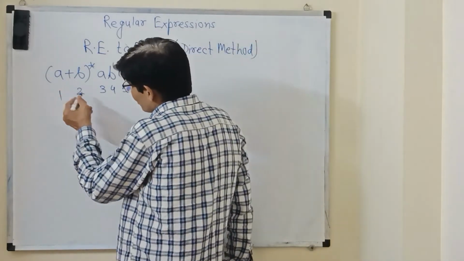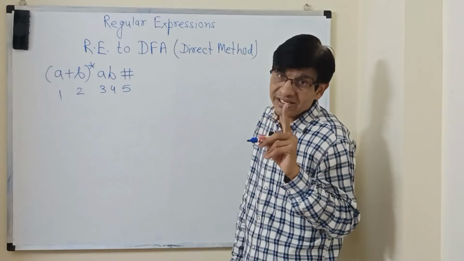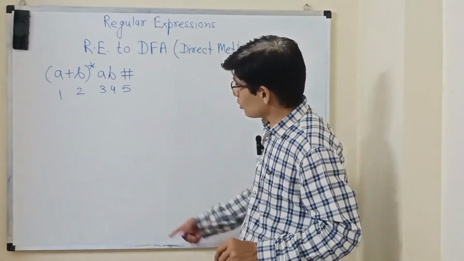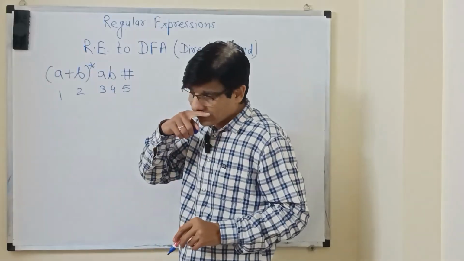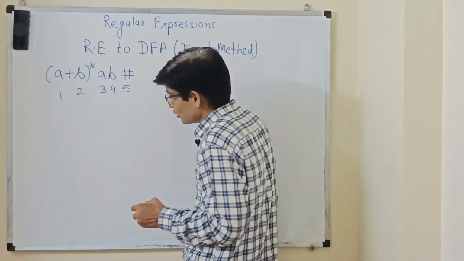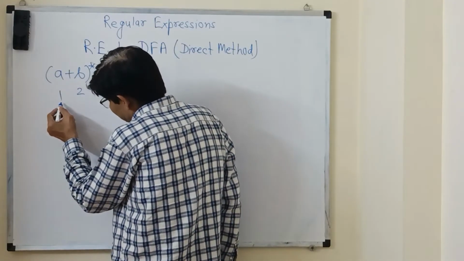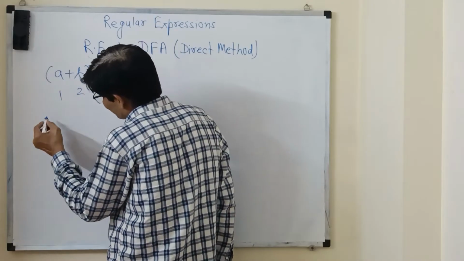As I told you, first pos is found for the complete regular expression. So in all possible strings of this regular expression, what we can get at the first position would be your first pos, and we will create a set of numbers assigned to input symbols.